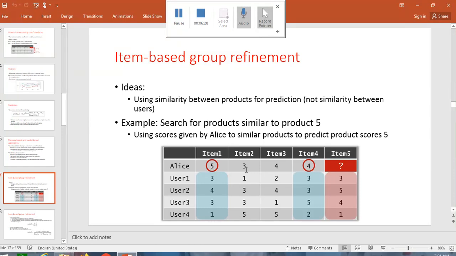For example, the first product has received similar points from users. For measuring similarities between products as opposed to users, the cosine method works better. We calculate these similarities for all products and find the most similar products. Now that the first and fourth items are more similar, we need to calculate the points. We get a weighted average between the points that Alice gave to the first and fourth item.